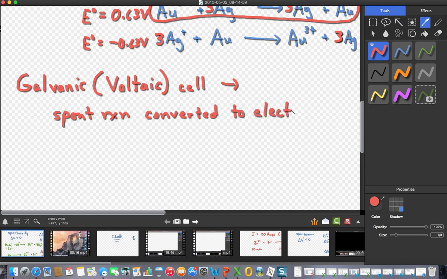We will produce a current. In such a process, the electrical potential must be greater than 0. The delta G must be less than 0.